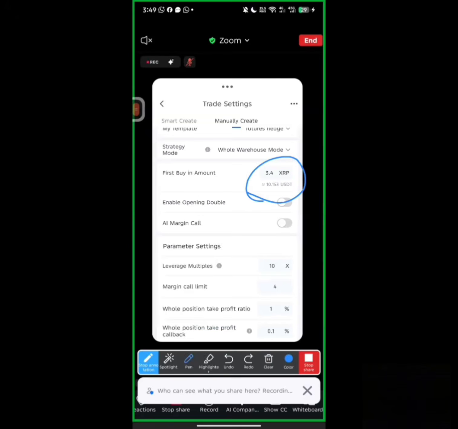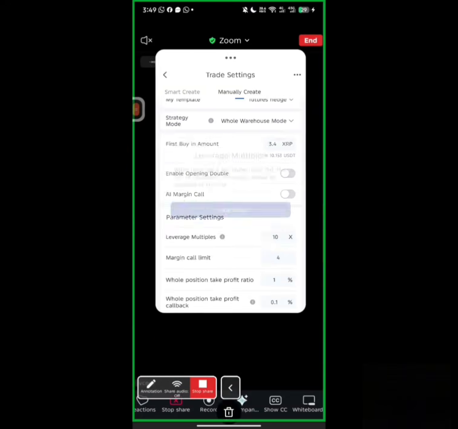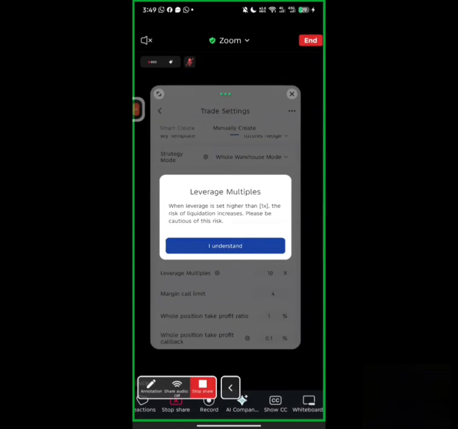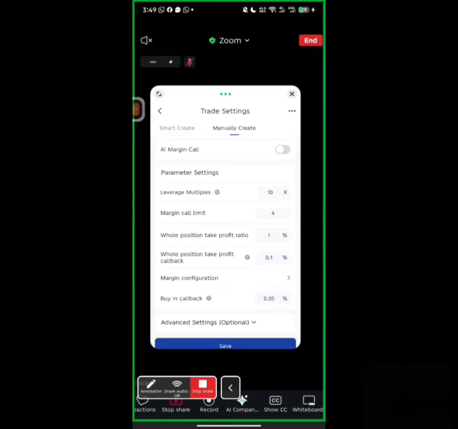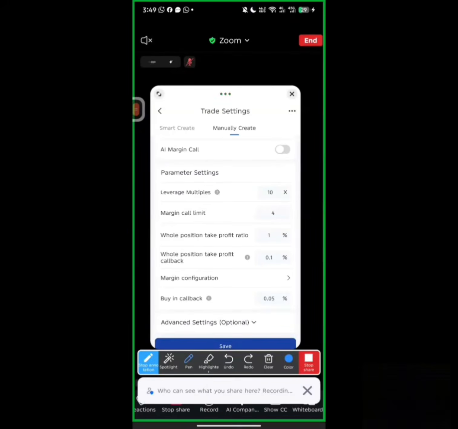Then you set the leverage, which you must always put on 10x. And the last thing that you must set before you enter this trade is the whole position take profit ratio.